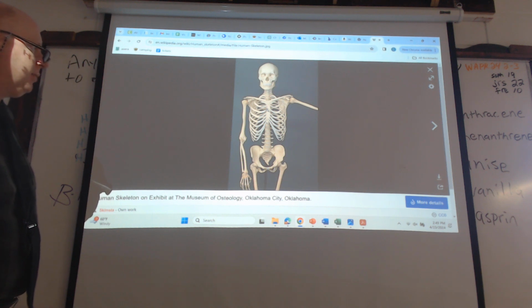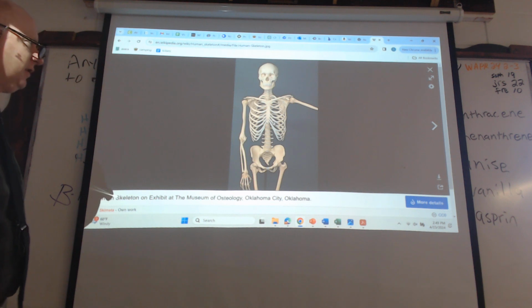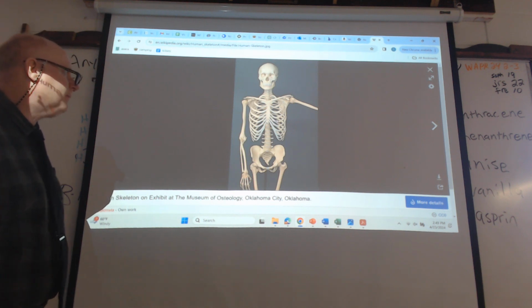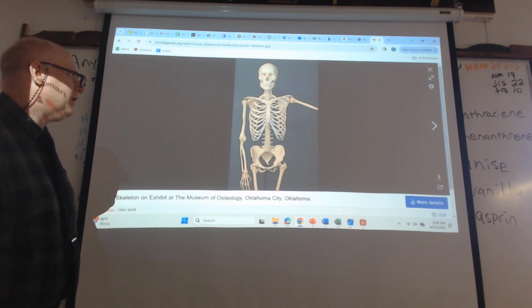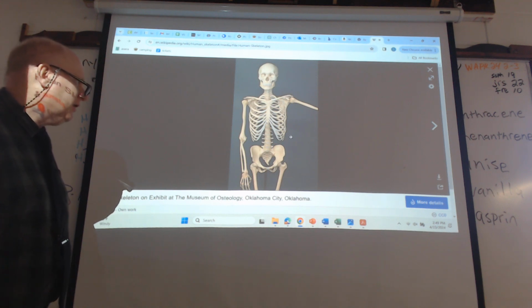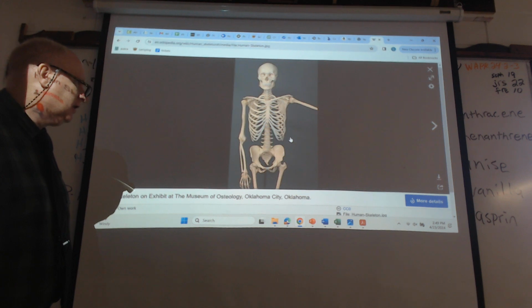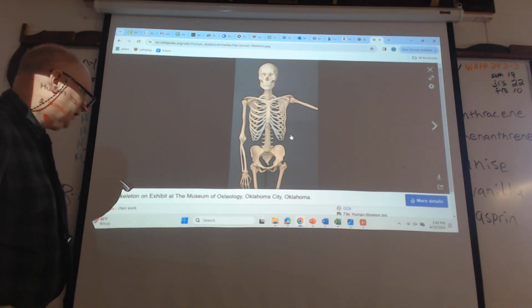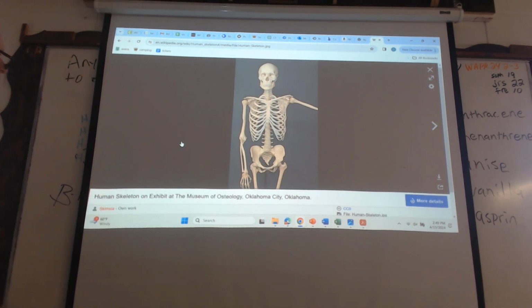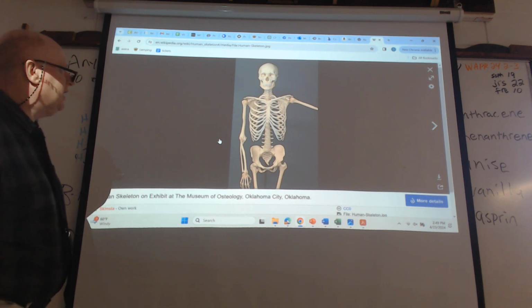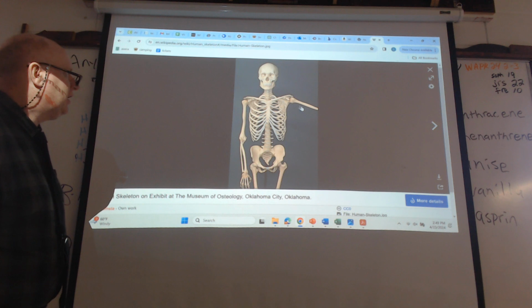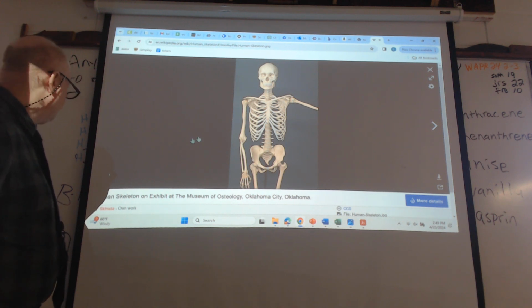What is this bone right here? It's got three parts to it. That's the sternum. Then this bone right here, that would be your clavicle. Now, it doesn't quite have all of the bones down here. As you can see, this is from Oklahoma City. I just went and typed in human skeleton and came up with this diagram per se.